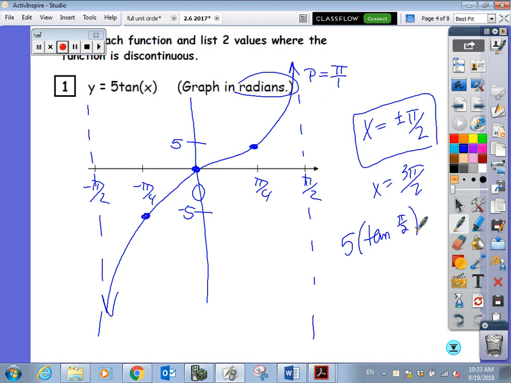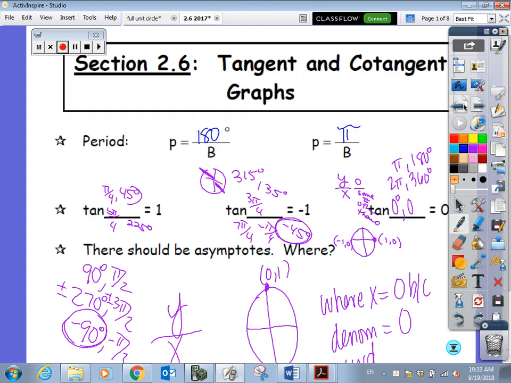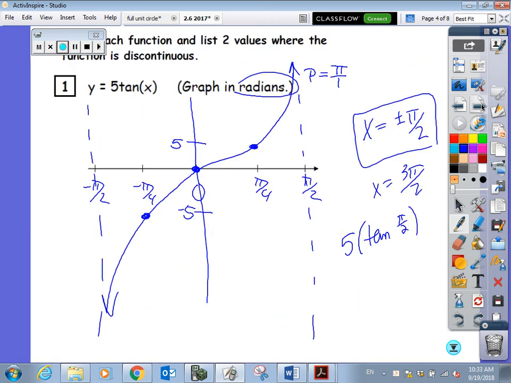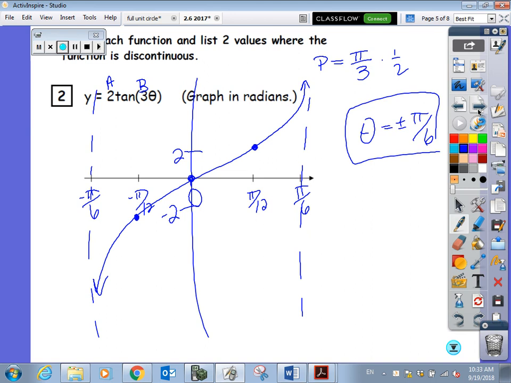Because we said a second ago, it's a very good question, that the only places where tangent is undefined are all those places down there, right? But now we're saying it's at pi over 6. Well, this problem, tangent of pi over 2, that's 5 times what? 1 over 0? Undefined.